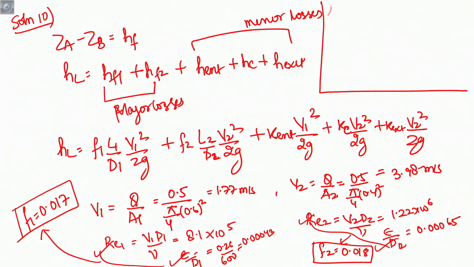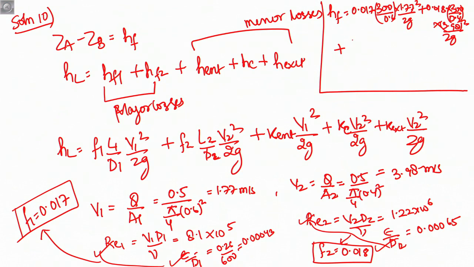So, HF, we know everything: 0.017 into 300 by 0.6 into 1.77 square by 2g plus 0.018 into length is 300 only by 0.4 into V2 square, 3.98 whole square by 2g. These two are major losses, plus the minor losses.